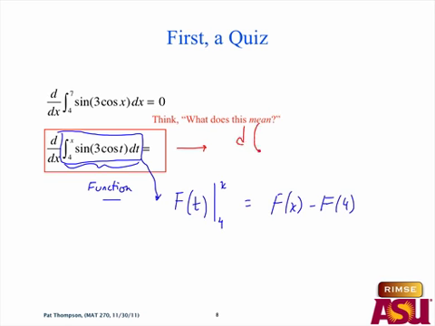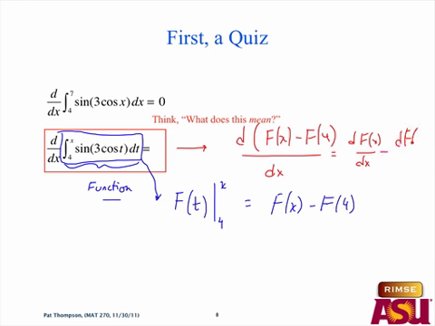So we know the derivative of a difference is just the difference of the derivatives. We know that. So what is the derivative of this accumulation function? Two people know.